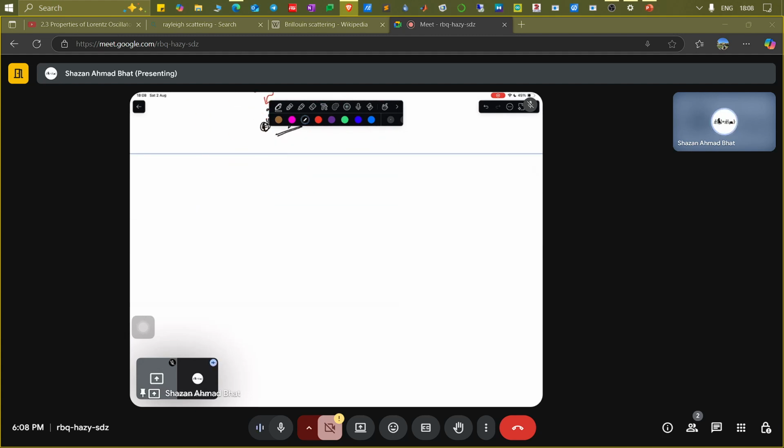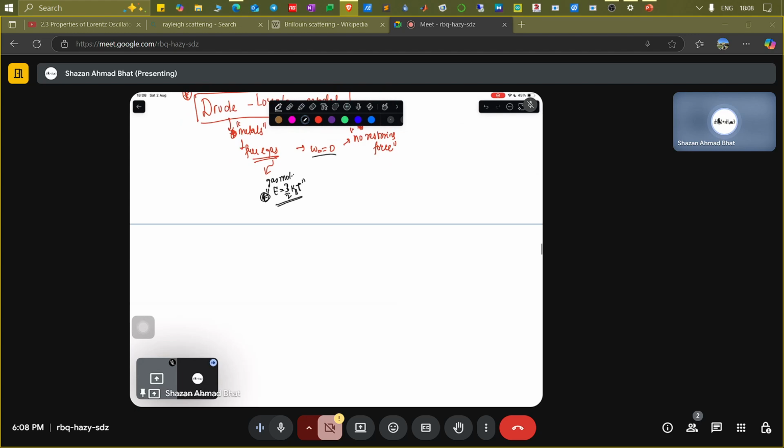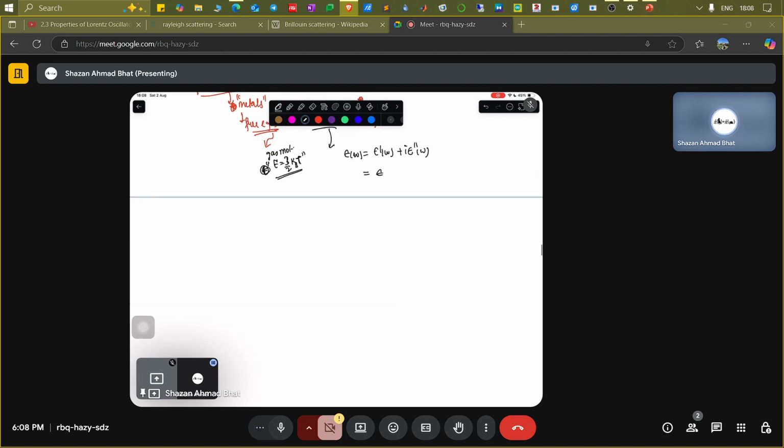So what is happening now if you have omega naught equivalent to zero? You know that epsilon(omega) has some real part and some imaginary part, and you have epsilon infinity plus the plasma frequency squared divided by omega naught squared minus omega squared minus i gamma omega. This is what we derived.